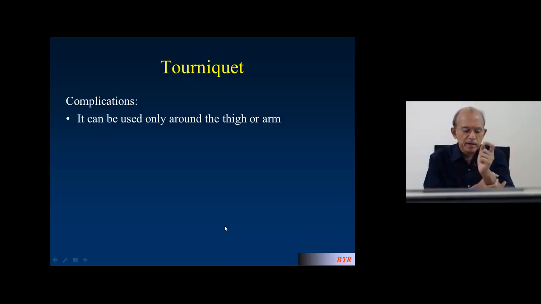So if you apply a tourniquet, it may not properly hold the artery and it may not be able to completely block the artery. So it will be either partially helpful or sometimes not at all helpful. That is why it should not be tried on the forearm and leg. It has to be tried only on the thighs.